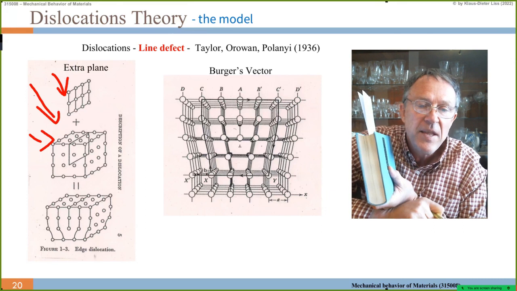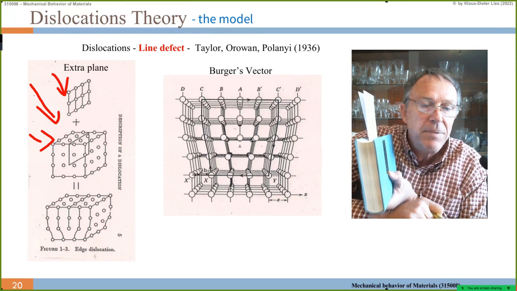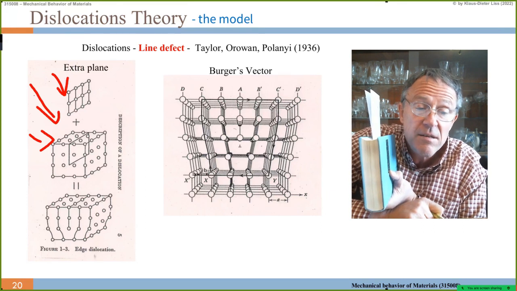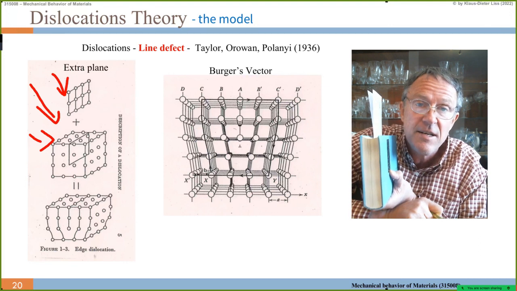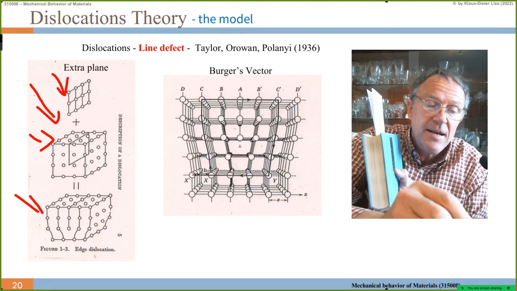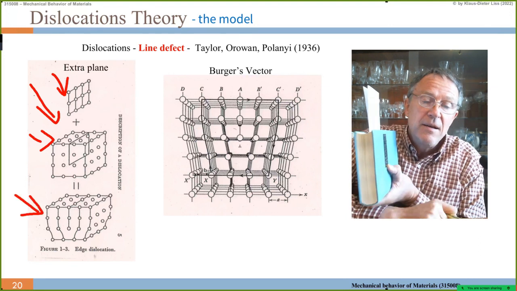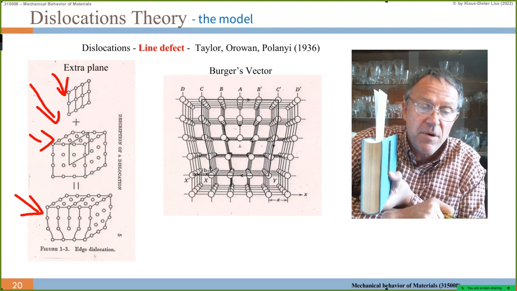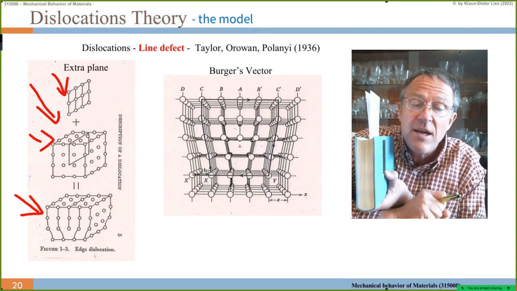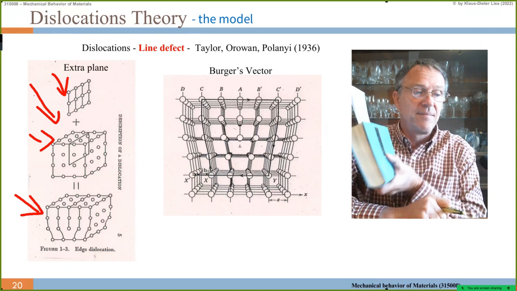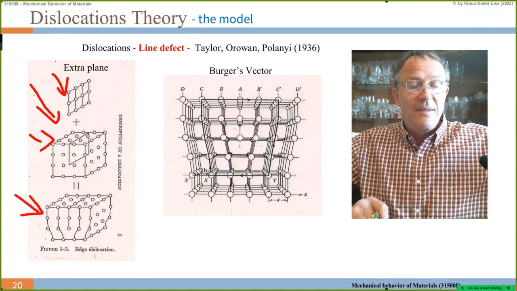We insert an extra plane, an extra sheet, into the existing crystal, into the sheets of the existing crystal, and end up with the situation at the bottom of figure 1.3. This is called the edge dislocation.